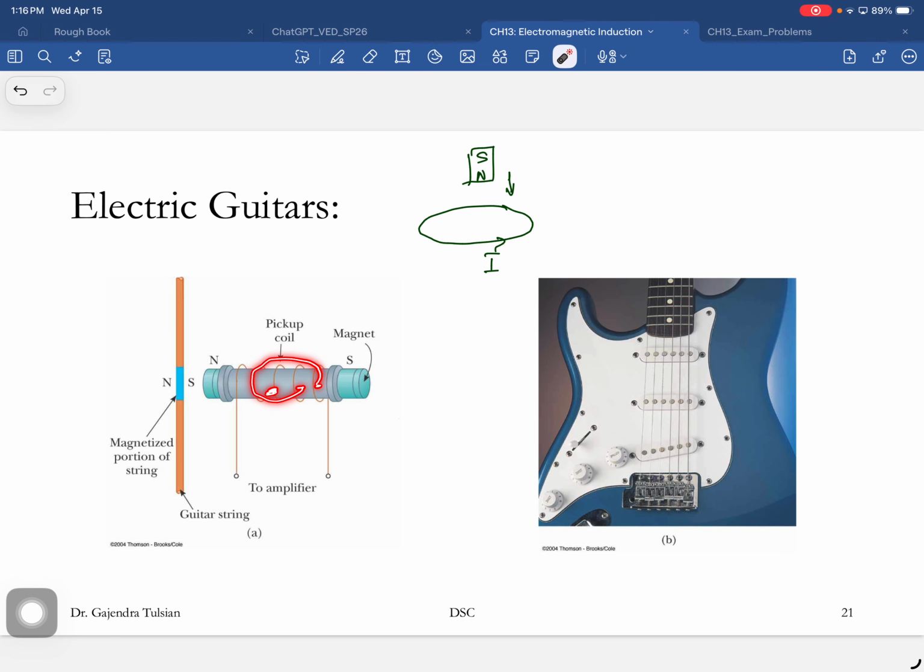It will induce a current in this sensing coil. And then that current can be fed to an amplifier. So instead of having a sound box, you are producing a current which is sent to an amplifier, and it's turned into sound through a speaker. So for any motion, you just magnetize the thing, and it'll change the flux through the sensing coil, which will turn into an electrical signal.